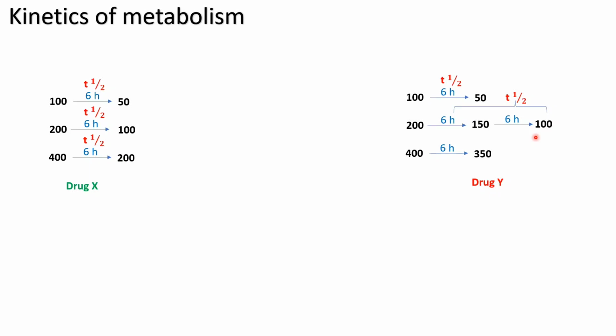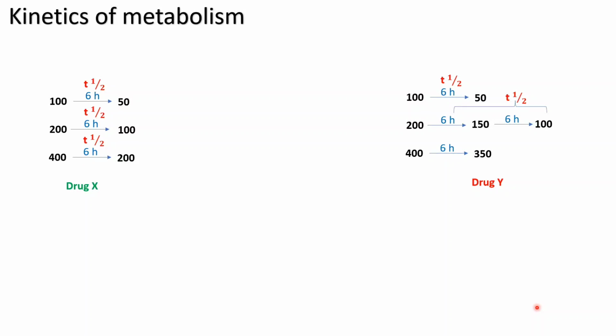Okay, let's say that the drug on the left is drug X and the drug on the right is drug Y. Which of those drugs, the metabolism or the elimination, is directly proportional to concentration? Meaning that when the concentration increases, the elimination rate also increases, and vice versa.